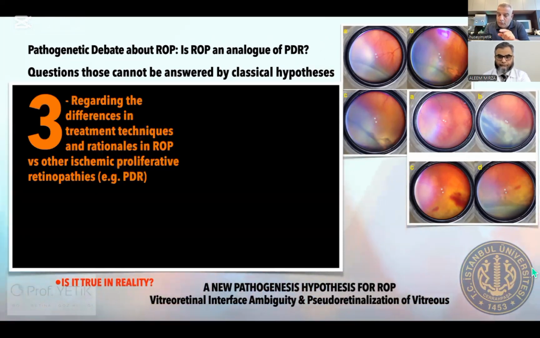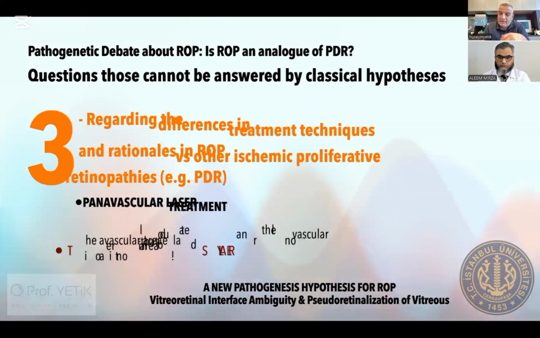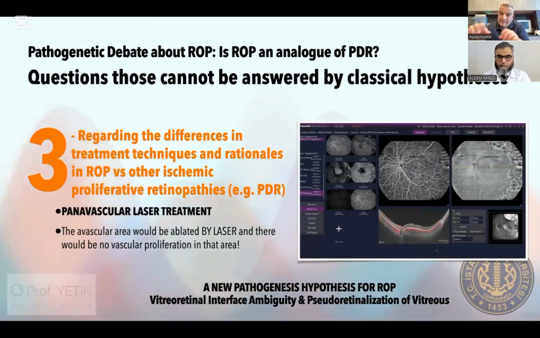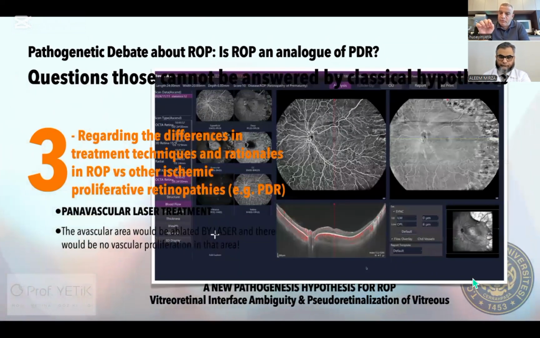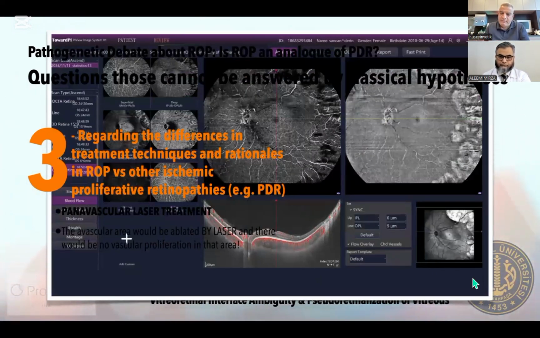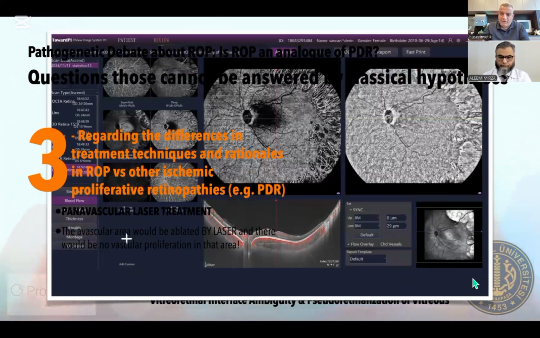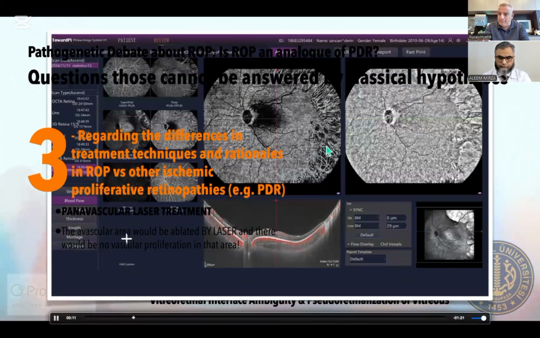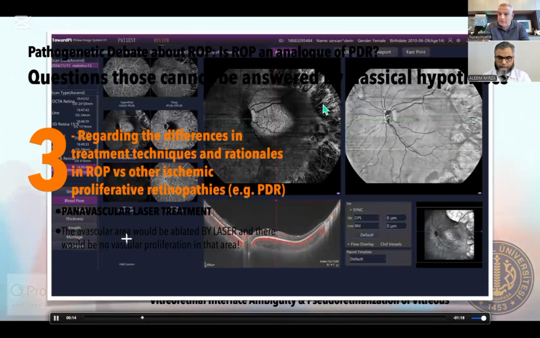Then all of those questions and answers point out that the problem is not a generalized retinal problem. Also, this pan-avascular modality claims that we would perform laser to avascular retina and we would stop the proliferation. But you see that even extending to the lasered area, there are vessels.